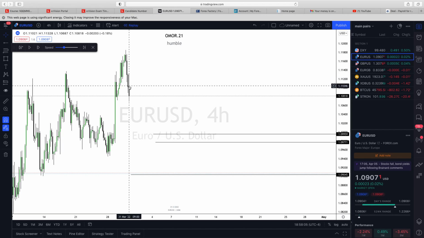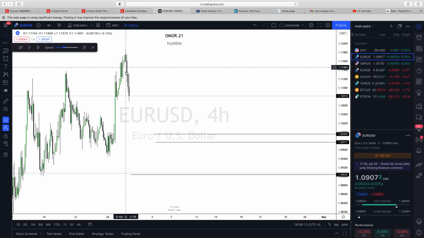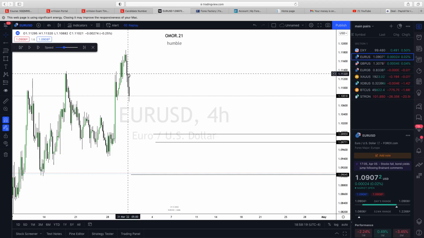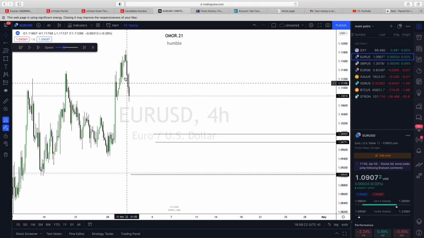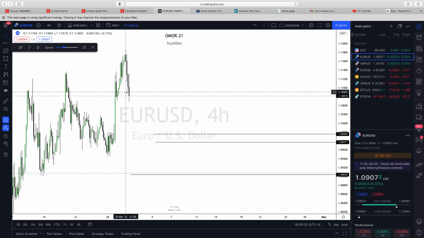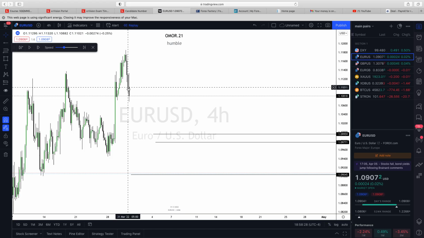Ignore the middle candle. The imbalance you're looking at is from here to here. You're not looking at this imbalance from here. You're looking from here to here. This candle's imbalance, disregard that. Disregard it. Why? Because there's buying in here.